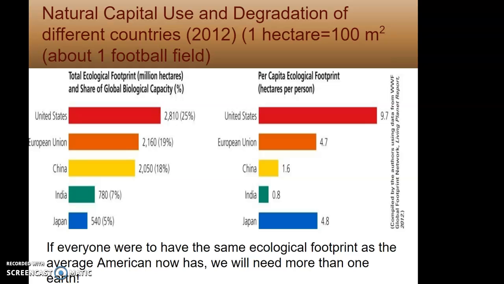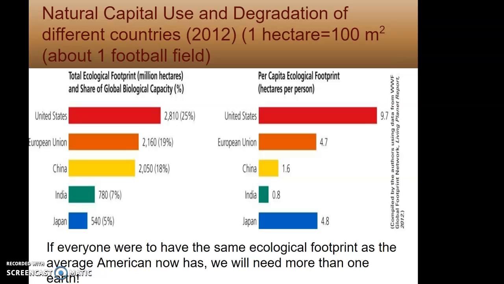And then if you look at the ranking, obviously developed areas such as the European Union use more, and the average, however, they only use half of America. Look at China, overall use a lot, but per person only a very limited amount. So this huge number is caused by the total population.